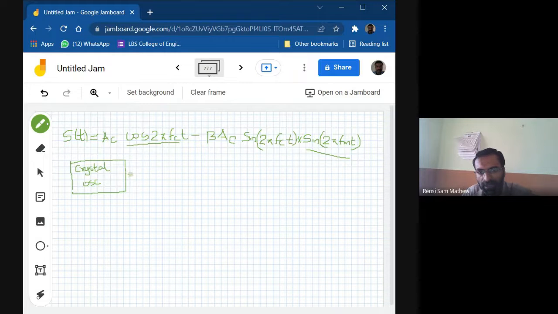So it generates fc. And this is given to a mixer. Here we have cos 2 pi fct, here we have sine 2 pi fct. So to get sine 2 pi fct, I have to do a 90-degree phase shift.